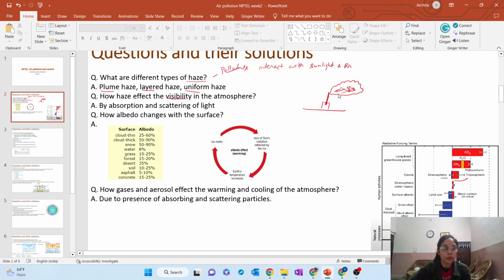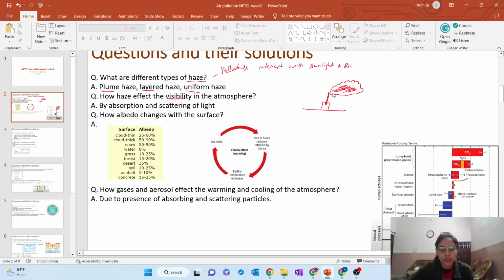So that is plume haze, that only the particles coming from the shaft of an industry or of a power plant come in contact with the sunlight or the humidity or water vapor, and make this shield or sort of structure, and reduce the visibility in a particular region of the plume, right?